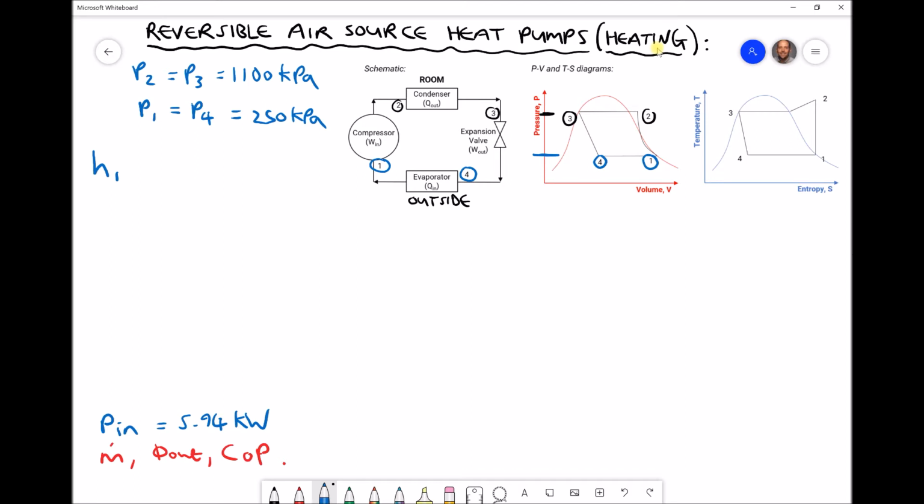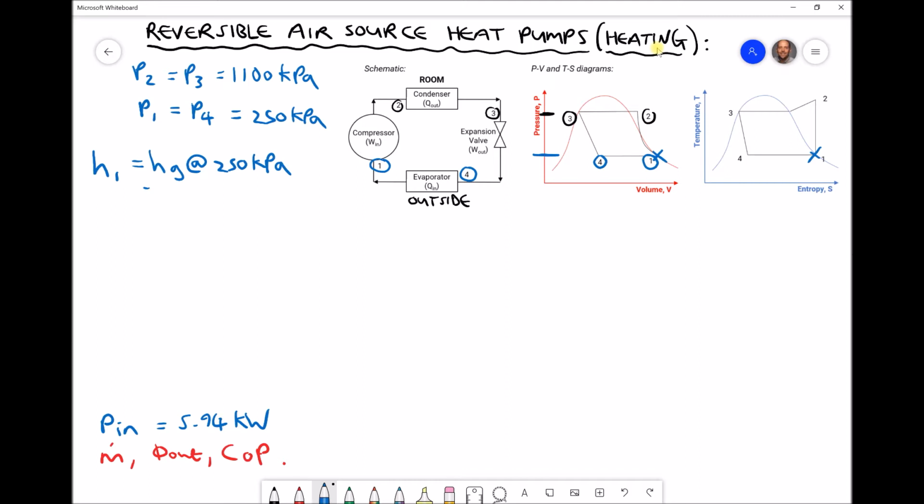We know the pressure is 250 kilopascals, and if we refer to our temperature, enthalpy and pressure volume diagrams, we can also see we have dry saturated vapour here entering the compressor. Therefore, H1 equals Hg at 250 kPa.